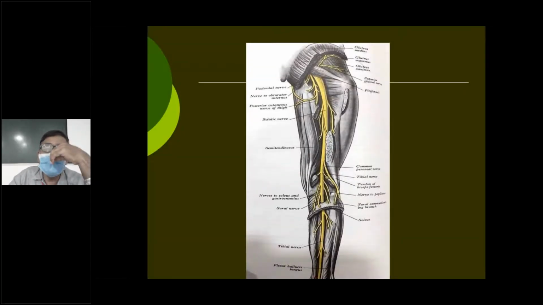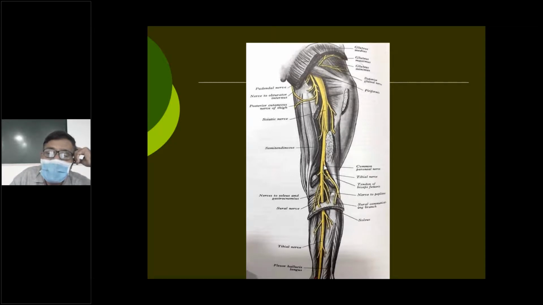Now, this is a beautiful picture from Gray's Anatomy showing almost the entire course of the sciatic nerve. See that, coming out of the greater sciatic foramen below piriformis, crossing the gemelli and the other muscles. And in the back of the thigh, of course, it supplies the hamstrings. In the gluteal region there were no branches, but in the back of the thigh, it supplies the hamstrings.